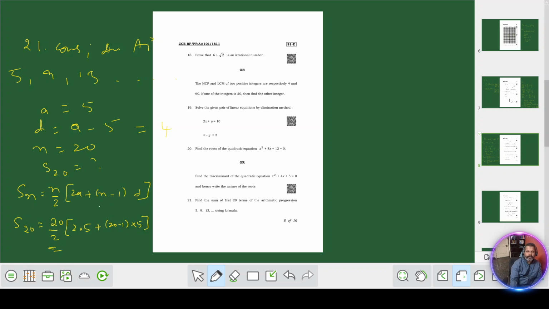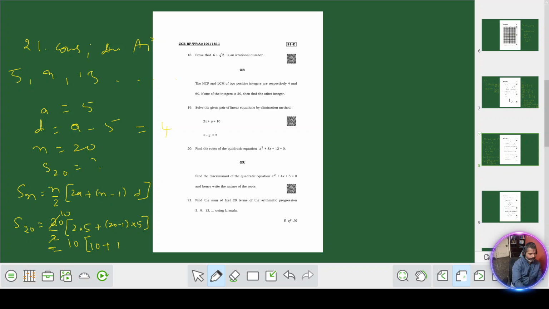Next step you simplify. 2 into 5, 10, plus 19 into 5, 105. Number of terms is 20, right?